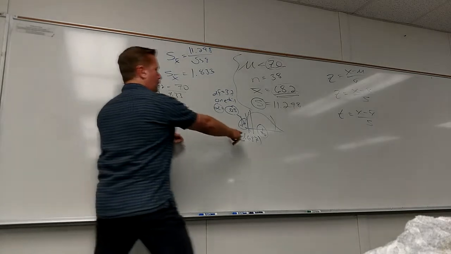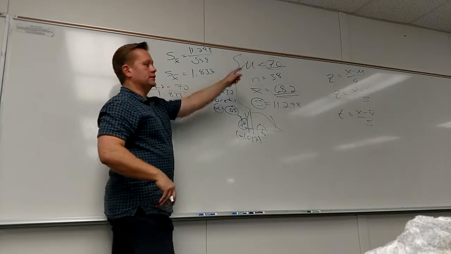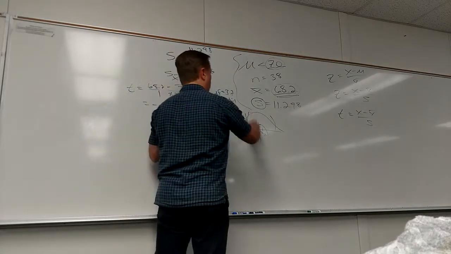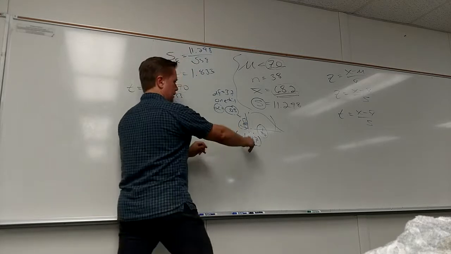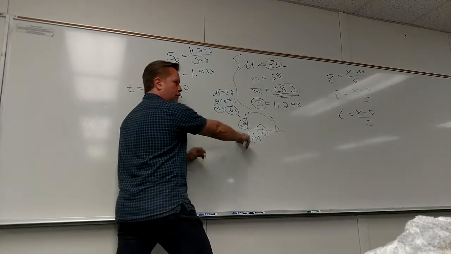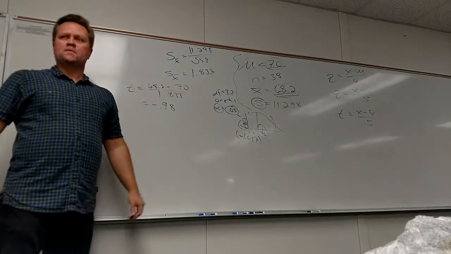So did we make it far enough away to show evidence that it is less than 70? Did we make it in here? No, because it had to be less than this to make it in there. We only made it that far. We made it less than a step away.